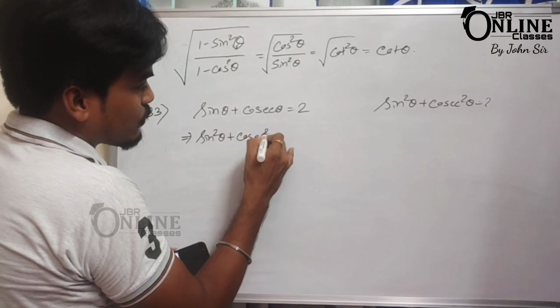So in the left hand side, sin square theta plus cosec square theta, and here 2 sin theta cosec theta, where cosec theta means 1 by sin theta, so sin theta cancels out. So in the next line, sin square theta plus cosec square theta equals 4 minus 2. So 4 minus 2 equals 2. So the final answer is 2.